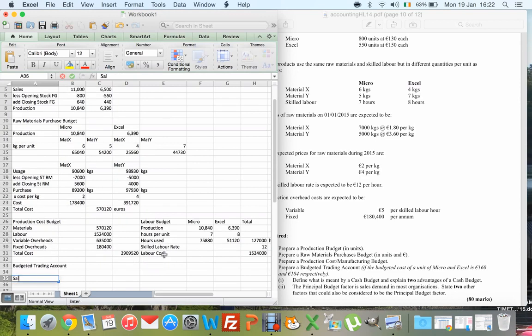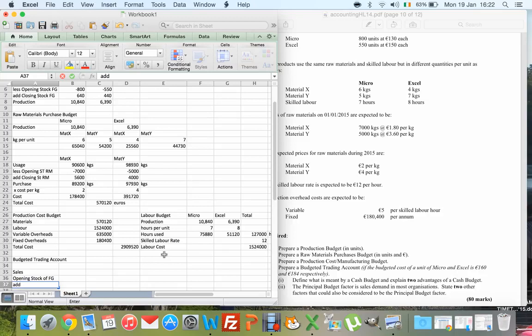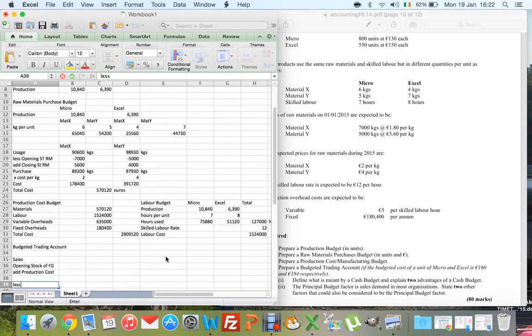So we'll start with sales, and then we'll have opening stock of raw materials, of finished goods, and then we'll add to that production costs instead of purchases, because we're not buying any goods, we're making our own goods, and then we'll take away our closing stock of finished goods.